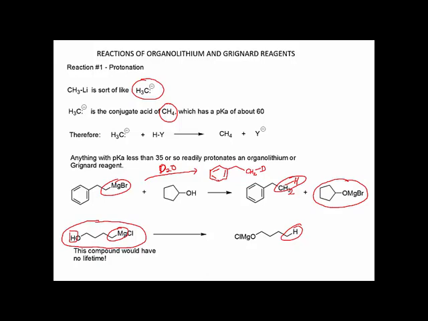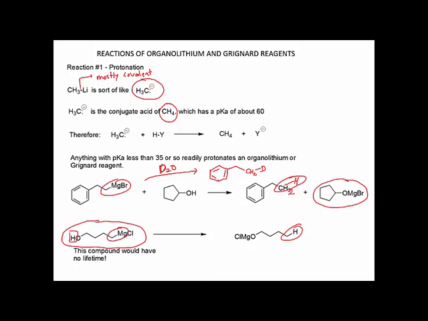Why is it that we have this limitation of 35 or so? Why don't we just say 59? Well, this is because the organolithium bond is mostly covalent. It's not truly an ionic bond.